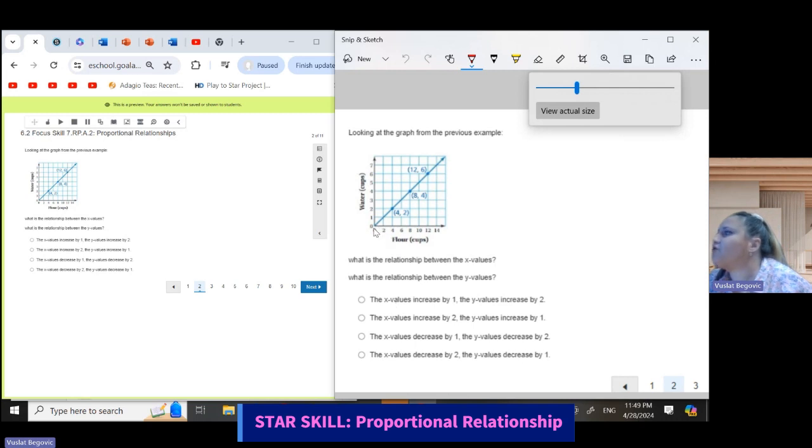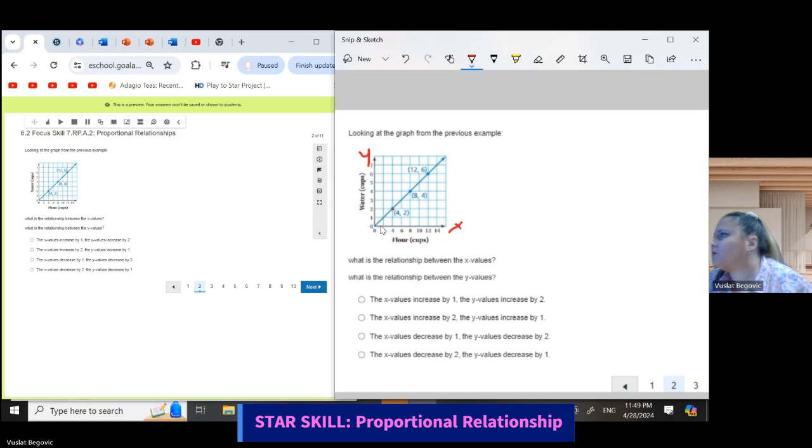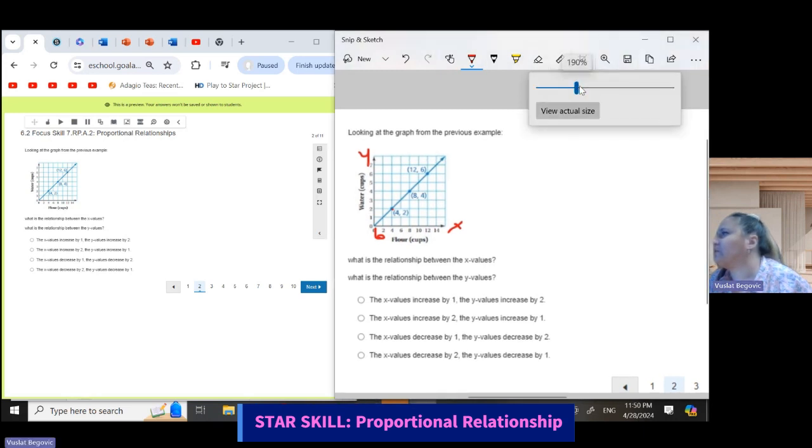How do the x values, this one is x and this one is y, how do they increase? If this is 4 and then 8 and then 12, do they increase 1 by 1 or 2 by 2? And then the y values increase by 2, it says. Well, I do see that every time, I think I will just move a little bit more.